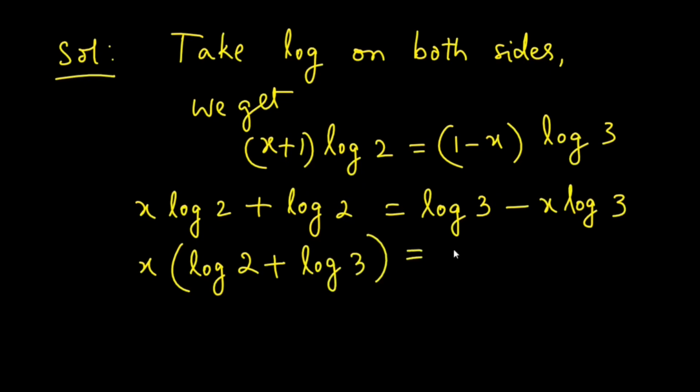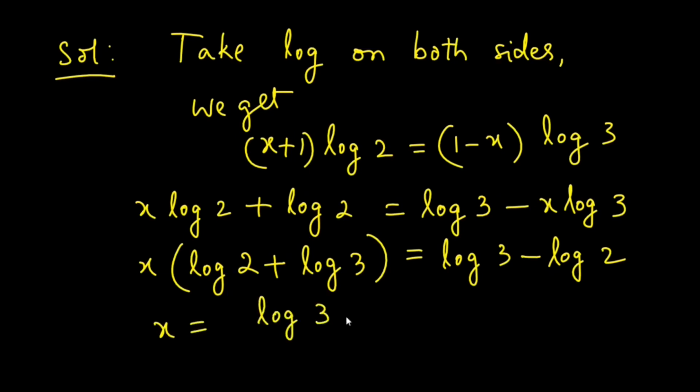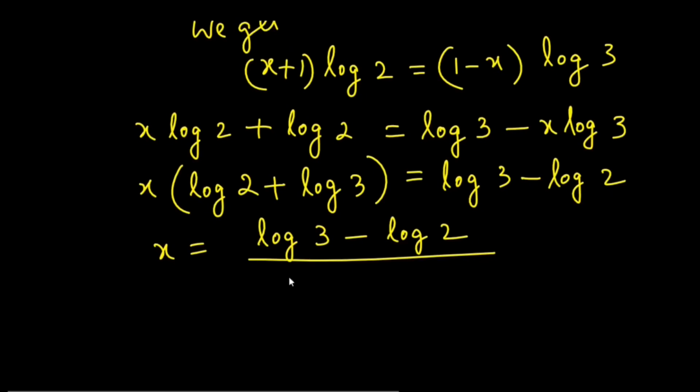This is equal to log 3 here. When this log 2 goes from the left side to the right side, it becomes minus log 2. Now x is equal to log 3 minus log 2 by log 2 plus log 3.